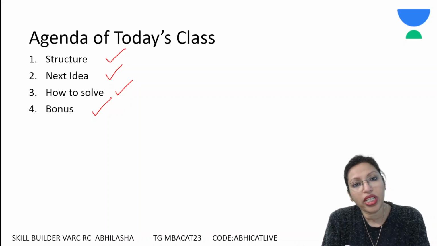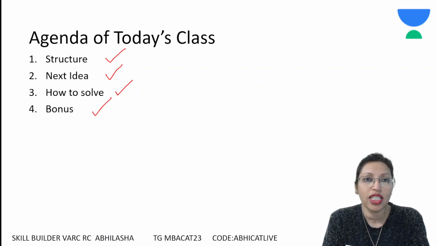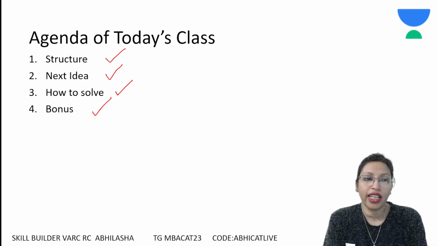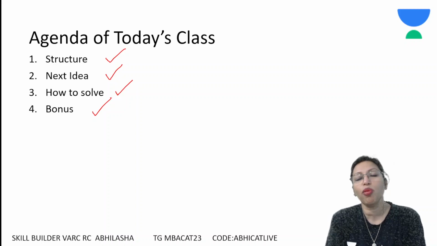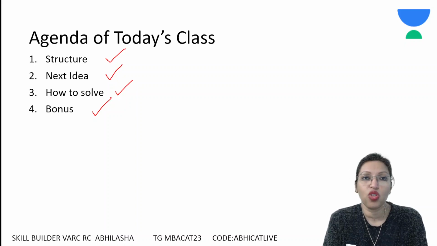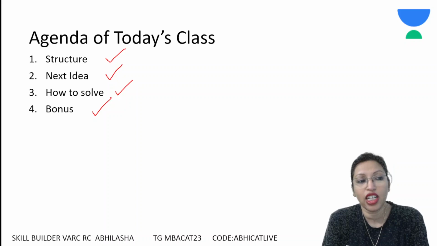The next idea question type was very visible in CAT over the last few years. This year and last year it hasn't appeared, but the next idea question essentially asks you to identify what the writer will be writing in the next paragraph. So it is more about understanding what he is writing, understanding the structure of the passage, and therefore extrapolating what the next idea should be.